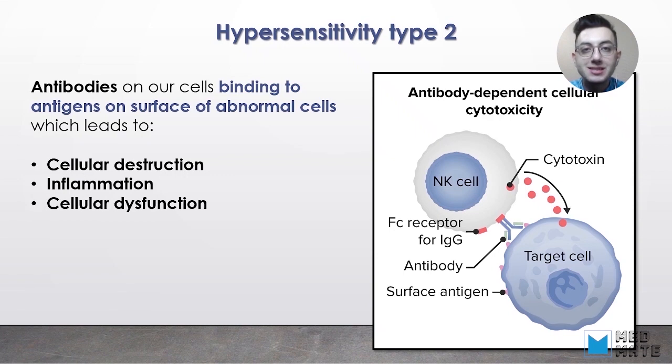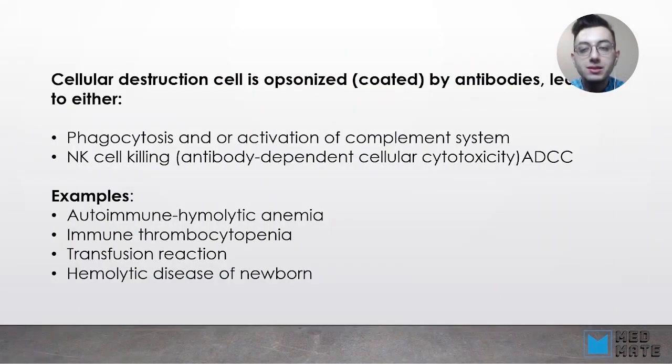Alright, hypersensitivity type 2 is mediated by antibodies, and these antibodies bind to antigens on the surface of abnormal cells, which leads to either cellular destruction, inflammation, or cellular dysfunction. In cellular destruction, cells are opsonized and coated by antibodies, leading to either phagocytosis or activation of the complement system.